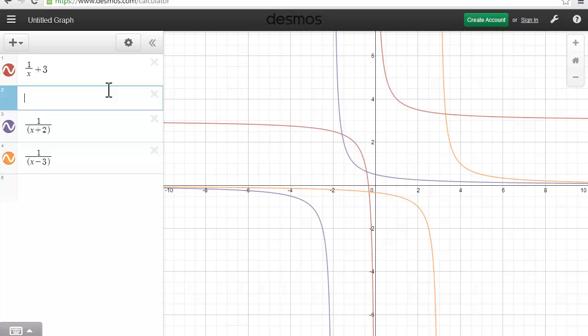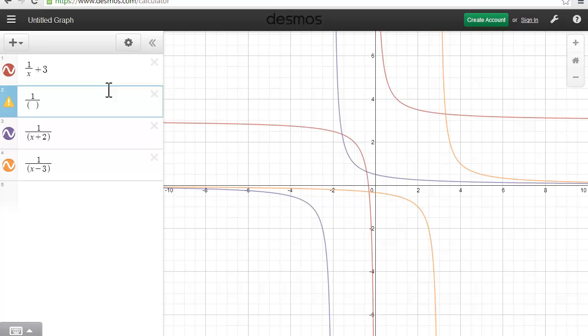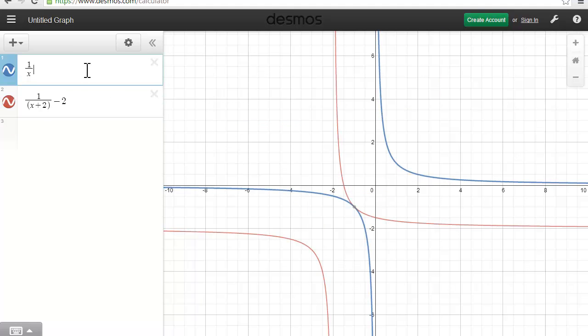So if you had, say, 1 over x plus 2, which shifts left by 2, and then down by 2. Okay, so if we compare it to the original, which is the blue, that's the core, and here we shifted left 2 and then down 2, you'll see that the axes have actually shifted down 2 and left 2.